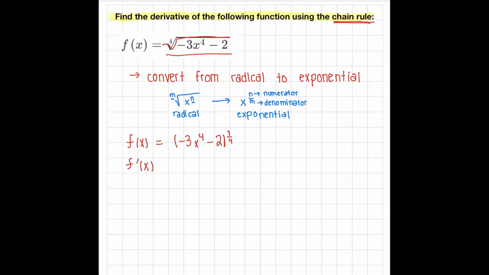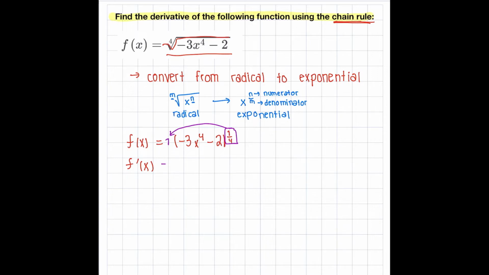So how do we use the chain rule? We first have to find the derivative of what's outside the function. So we need to use the power rule and bring this 1 over 4 times the coefficient, which is 1. If we don't see anything, that means the coefficient is an invisible 1.